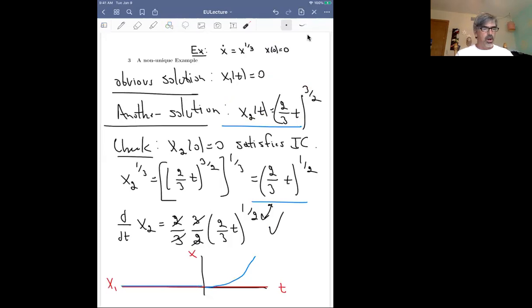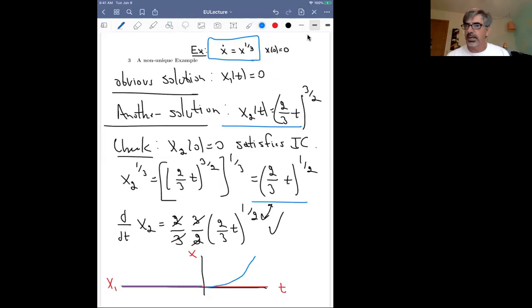So what went wrong here? I'm going to give you a clue before I stop this video. The clue is, think about x to the 1/3 and its differentiability. When I take the derivative of x to the 1/3, I get 1/3 x to the negative 2/3, and that in particular is undefined when x is equal to 0, right?